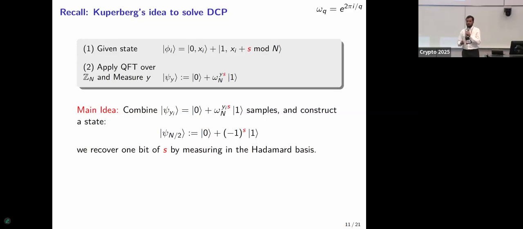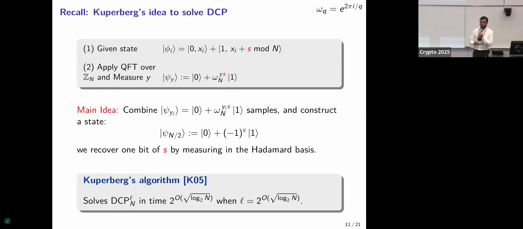In Kuperberg's algorithm, we combine two samples and reduce the modulus n to 2, and we get this kind of quantum state. Once we have this quantum state, we can measure in the Hadamard basis, and we can recover the last bit of the secret S. That's what we're going to do in our algorithm, but the middle steps are different.